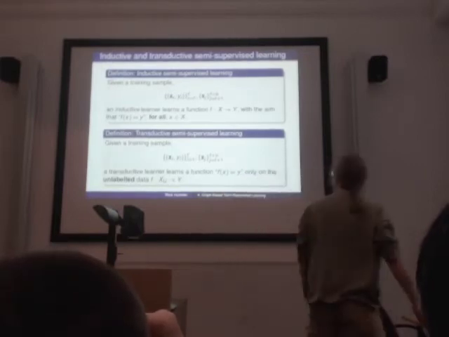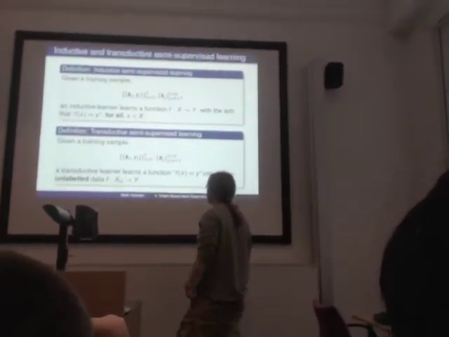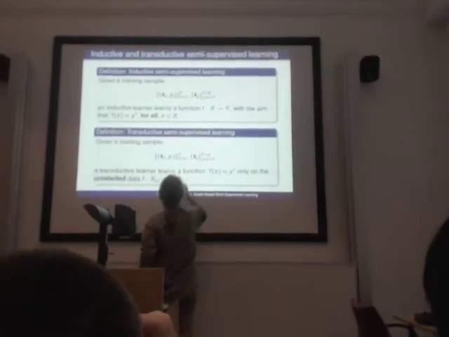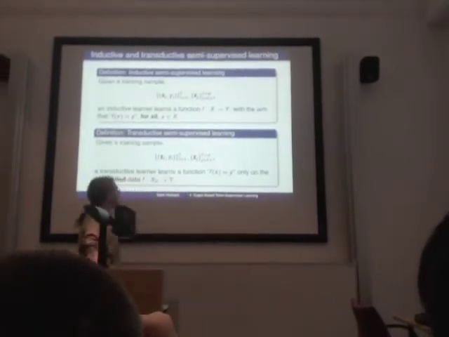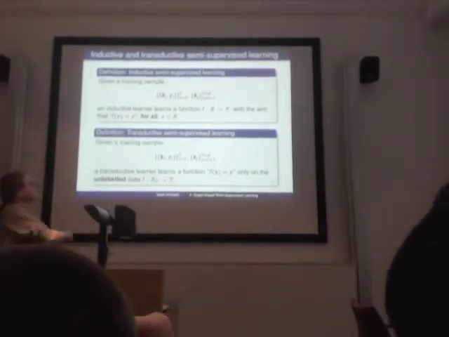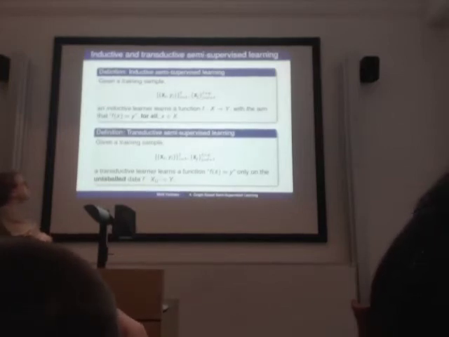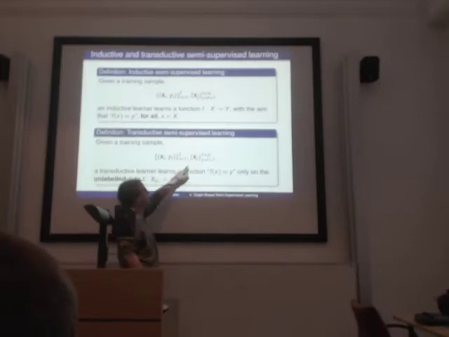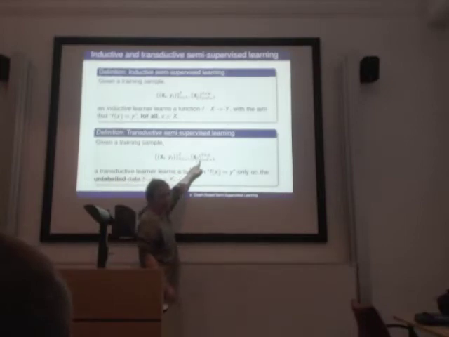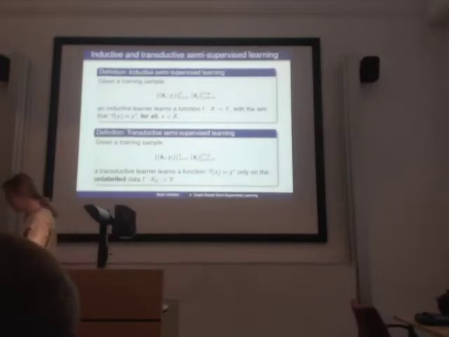Transduction, instead, we just want to predict on this unlabeled data set. We don't want to predict any further. We're given a finite set of objects.